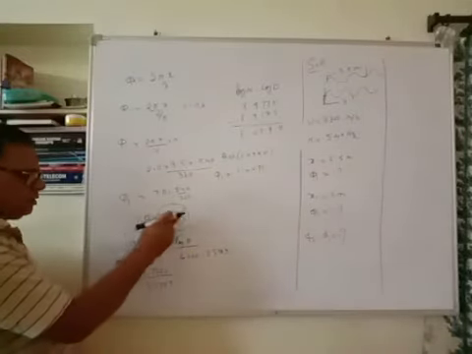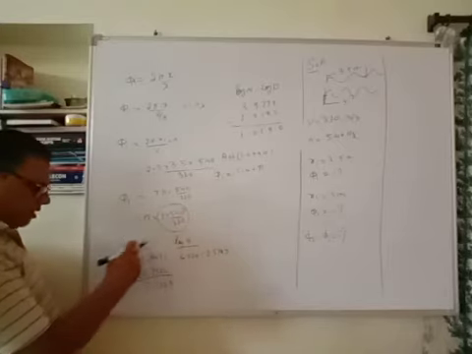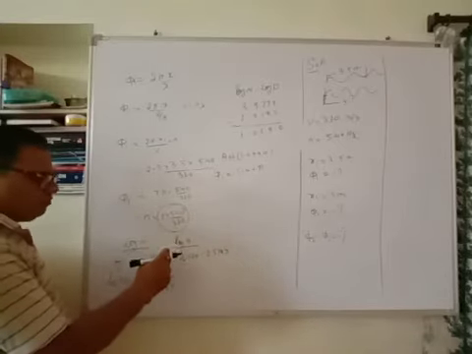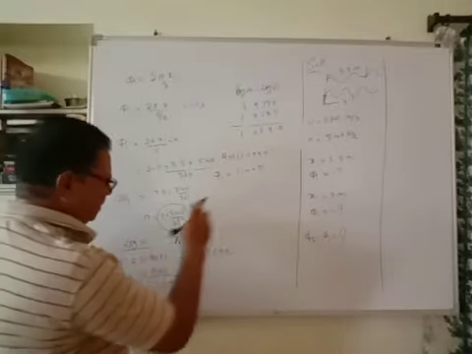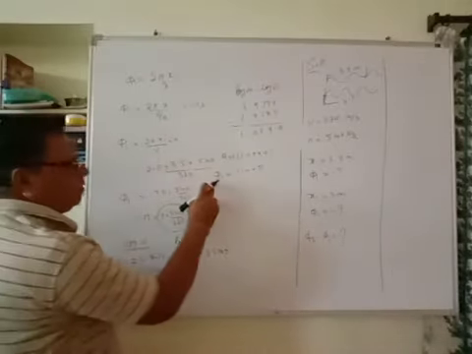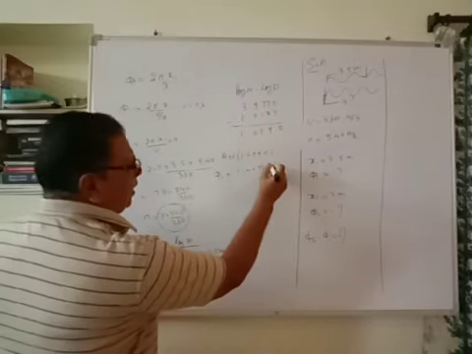Here we have calculated this term with the use of logarithm and got 11.46. Pi remains as it is, so phi1 is equal to 11.46 pi radian.